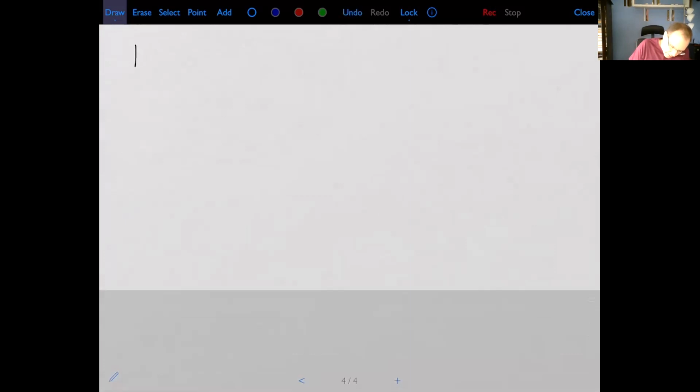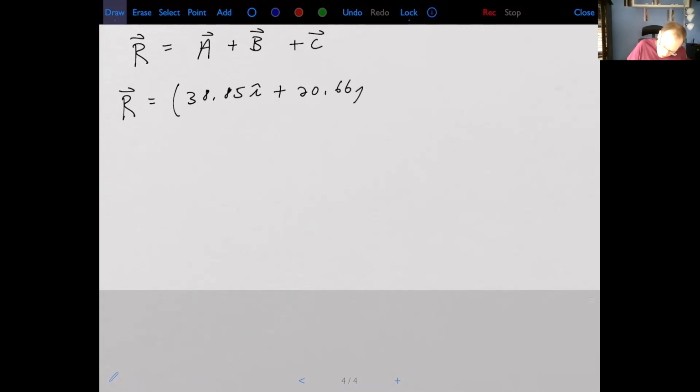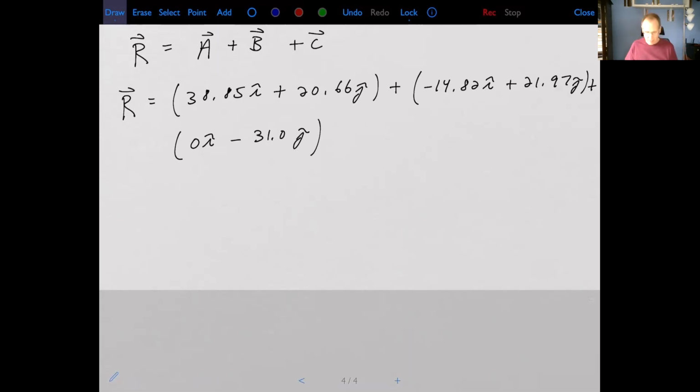So remember, our resultant vector, which is what we want, is going to be the sum of vector A plus vector B plus vector C. So resultant is going to be A. Well, we know A, I'll write it in terms of the unit vectors, is 38.85 i hat plus 20.66 j hat plus B, which is negative 14.82 i hat plus 21.97 j hat plus C, which was 0 i hat minus 31.0 j hat.